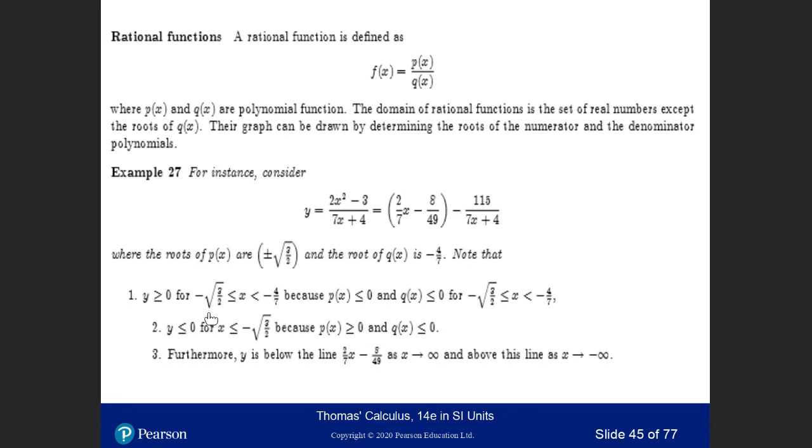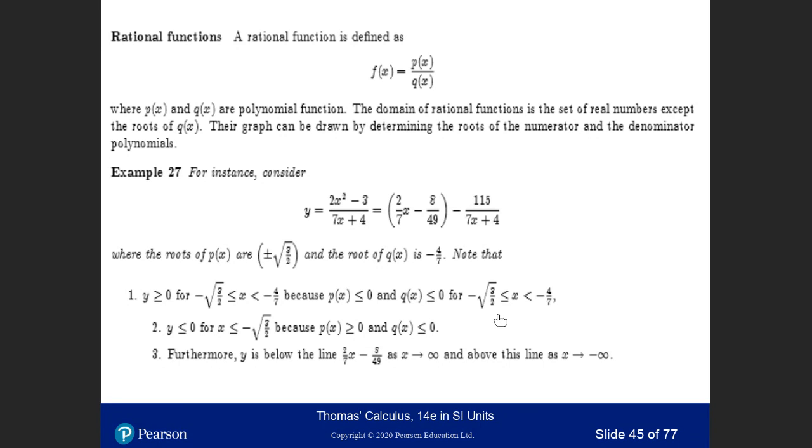If x is between these two values, minus square root of 3 over 2 and minus 4 over 7, then you know that this is negative and this is negative, so y is positive. So both numerator and denominator are negative. You have y positive.